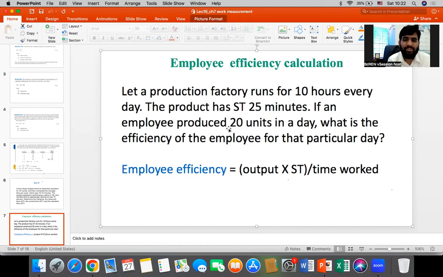So one of the uses of standard time is clear. To know the employee efficiency, we can use standard time. Number one application.